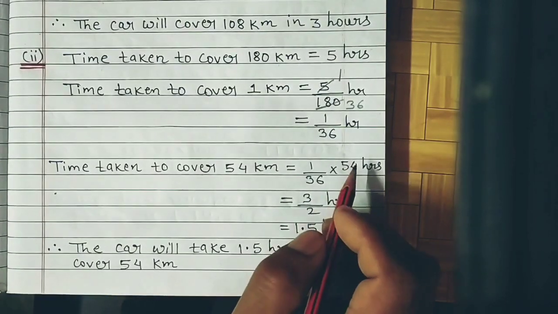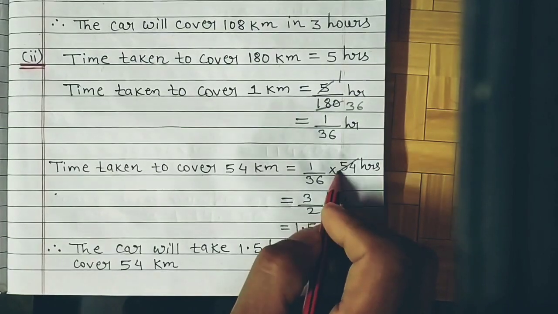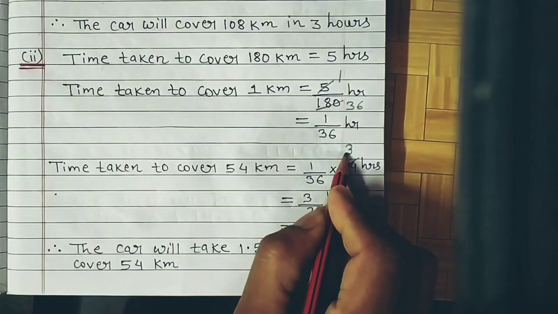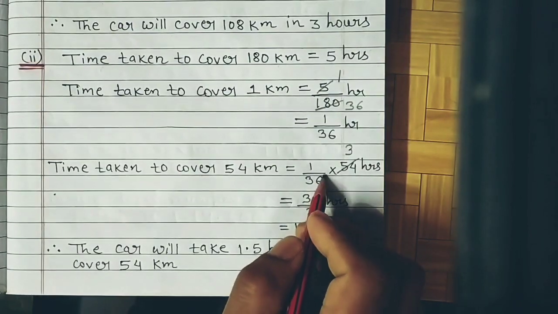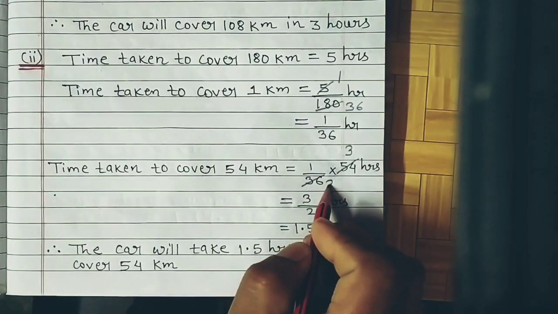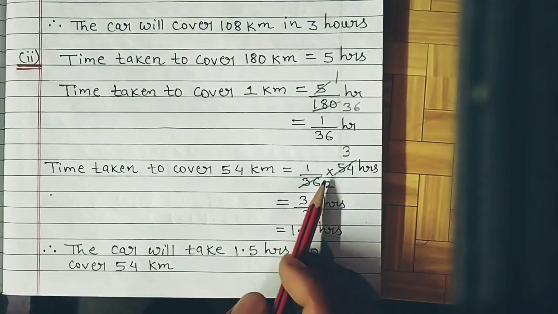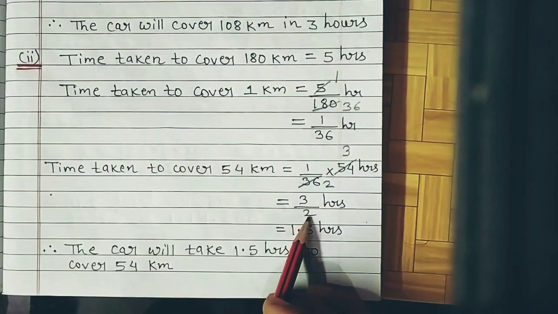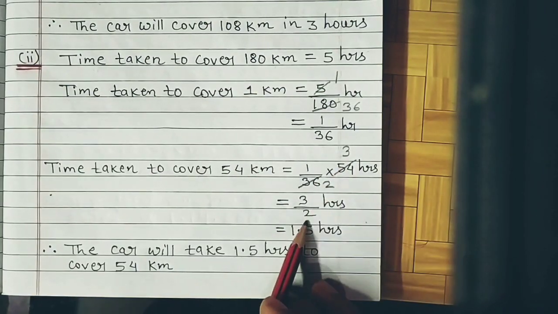When 18 divides 54, the quotient will be 3. And when 18 divides 36, the quotient will be 2. So its value is 3 by 2 hours.